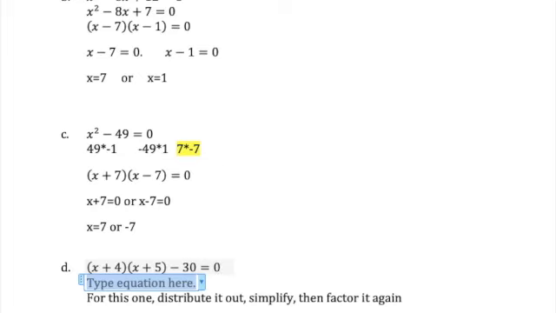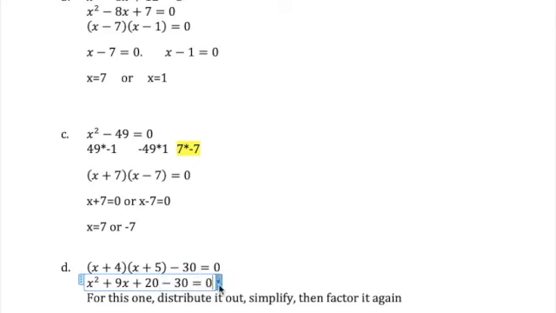So let's see. Distributing it out, I got an x squared. Then I have plus 4x plus 5x, which is really plus 9x. And 4 times 5 is 20. Then I've got that negative 30 to deal with.